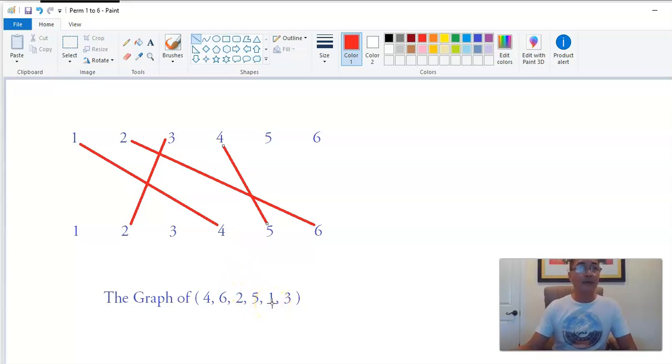Next, 5 will go all the way to 1. Okay. So when you're doing this on paper, or if you want to use Paint, fine. Except you're going to have to make sure that when you connect 5 to 1, you're not going to hit any of these intersection points that you already created. So right now we just have to avoid that intersection point.